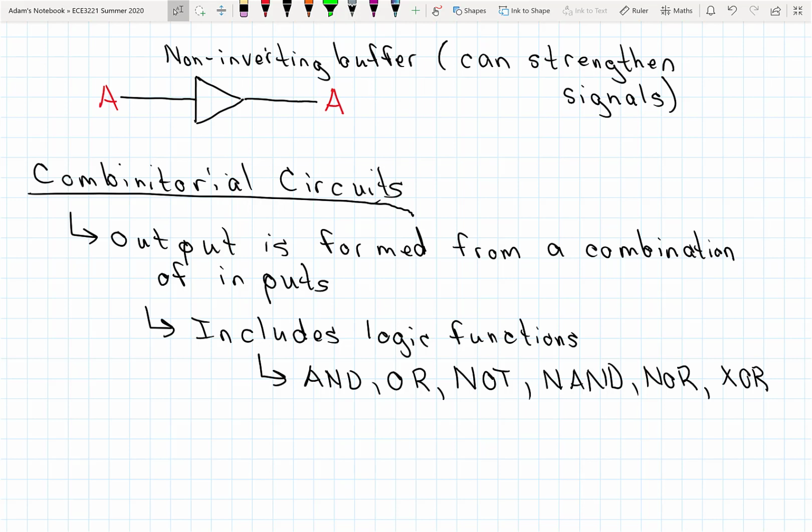Okay, so those types of circuits where we apply some logic state to the input, and as a result, get an output formed.